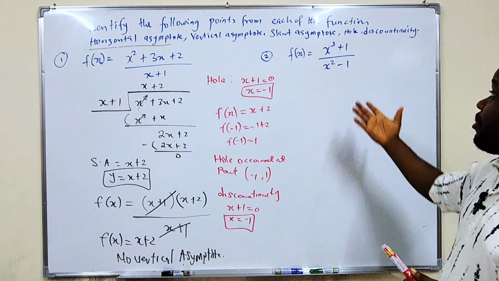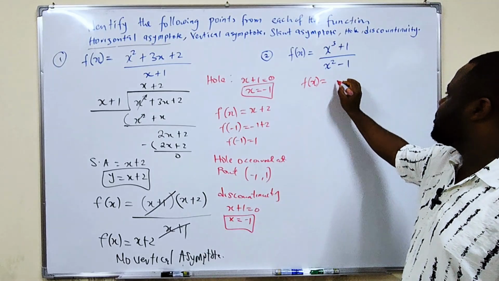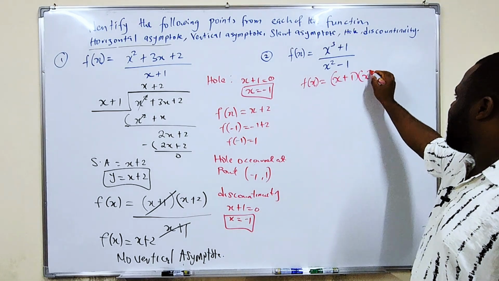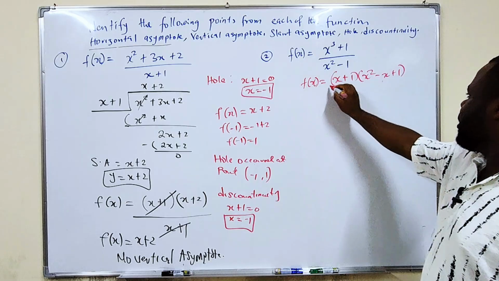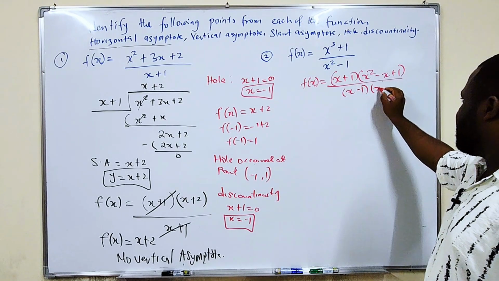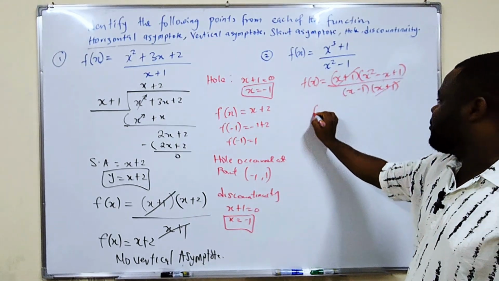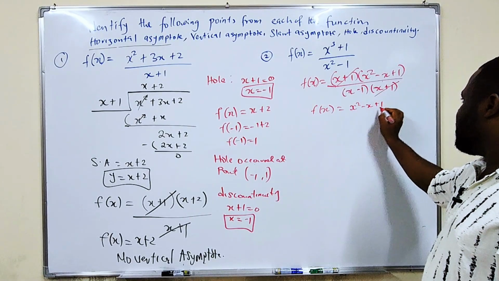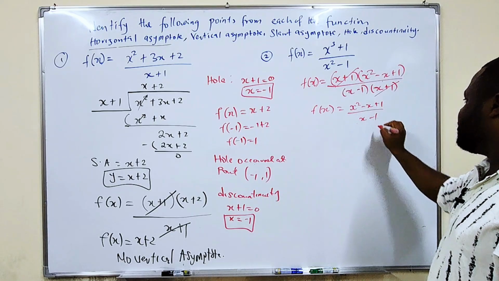Before that, we can easily factor this. We say f of x equals x plus 1 times x squared minus x plus 1, all out of x minus 1 times x plus 1. So this allows this to cancel out. We now have f of x equals x squared minus x plus 1 all out of x minus 1.